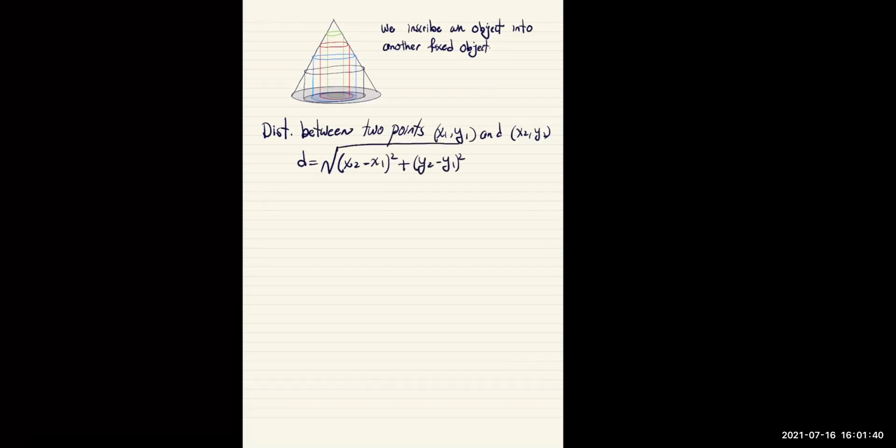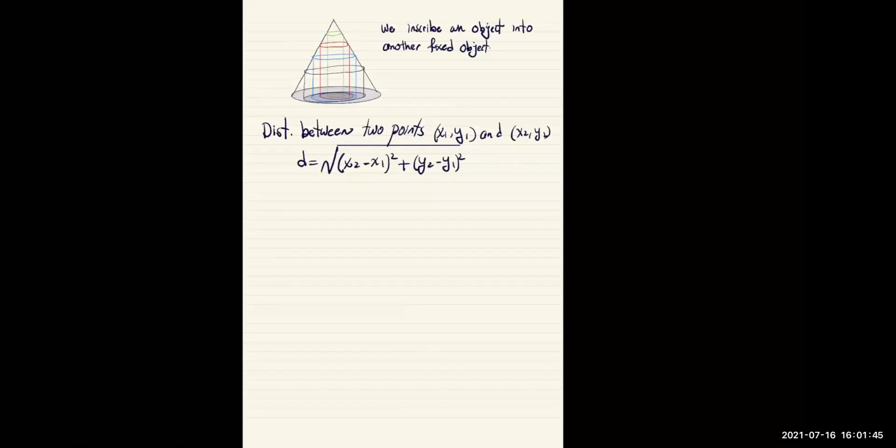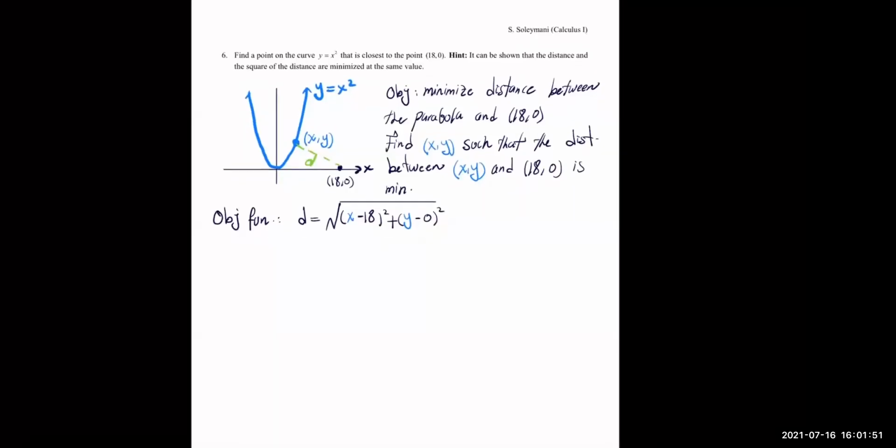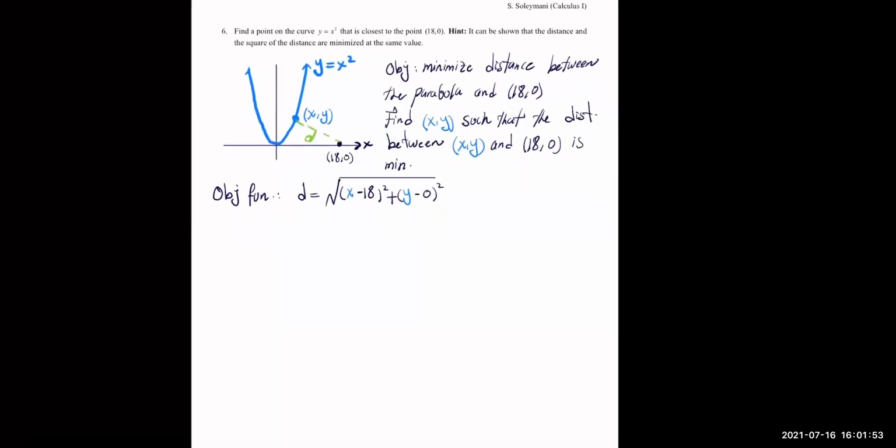The distance formula, that's exactly what I use. Again, this formula comes from the Pythagorean theorem. Okay, so this is our objective function, the distance function.